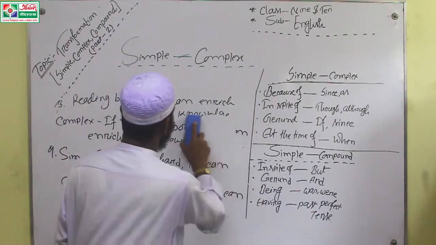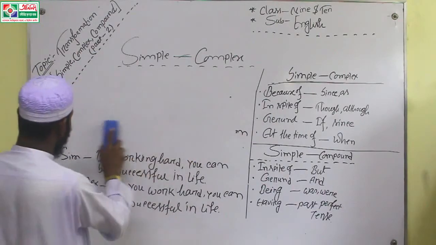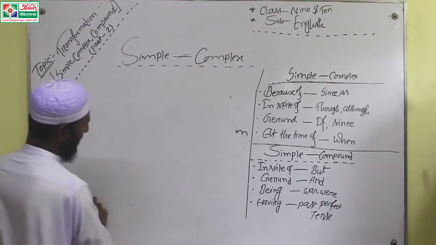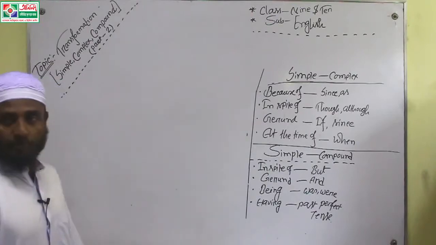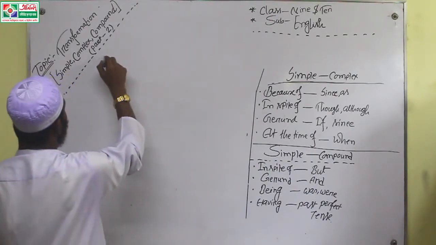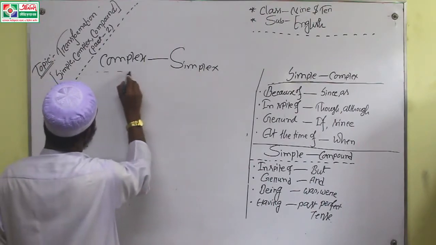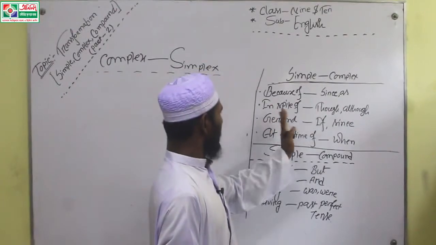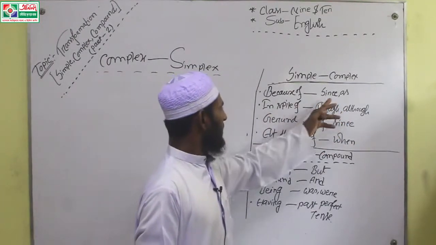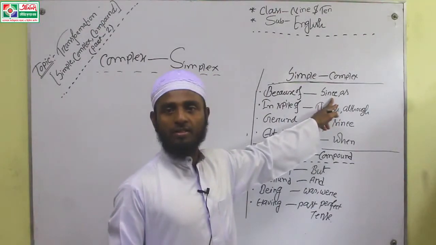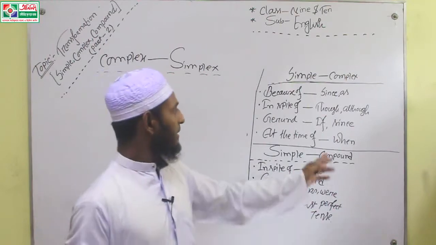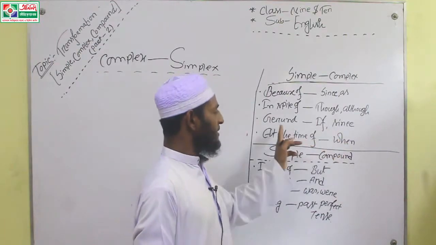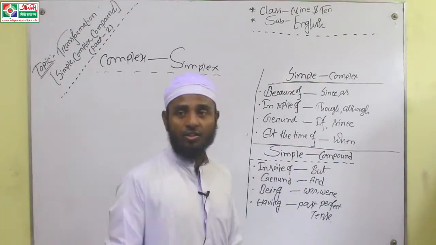Okay, dear learners, now I will discuss complex to simple. Complex to simple is very easy. You just do vice versa. You just change: since, as, is because of; though, although is in spite of; if, since, gerund; and when is at the time of.